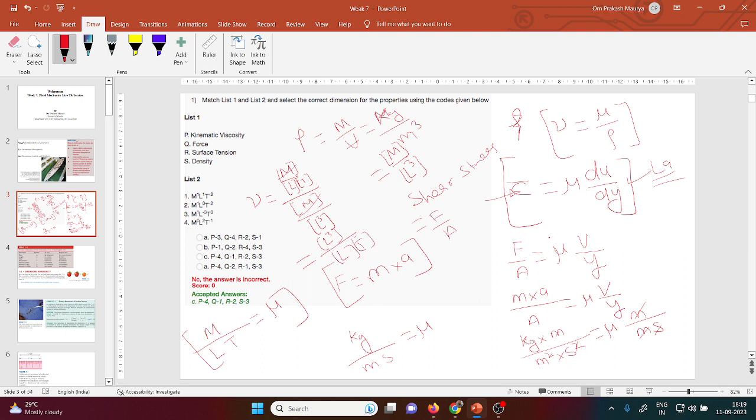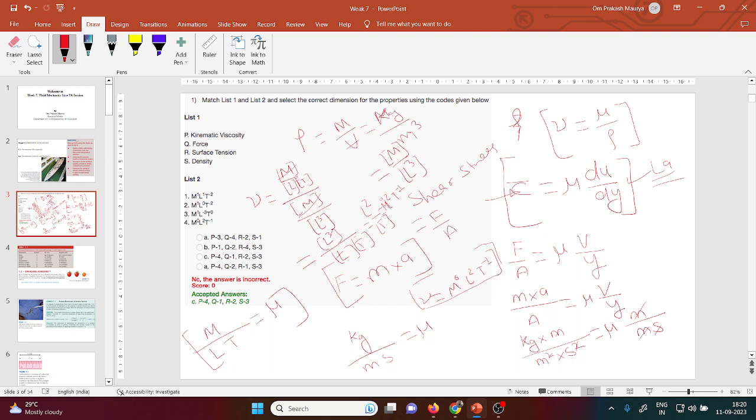One L cancels out. So what is remaining? L square, and T is below. So you can write L square T minus 1. M is not there, so M to the power 0. So final is M to the power 0, L square, T minus 1. This is the dimension of kinematic viscosity.